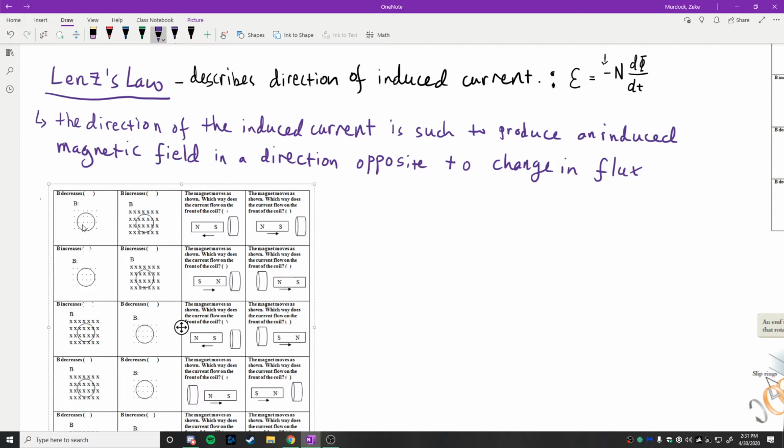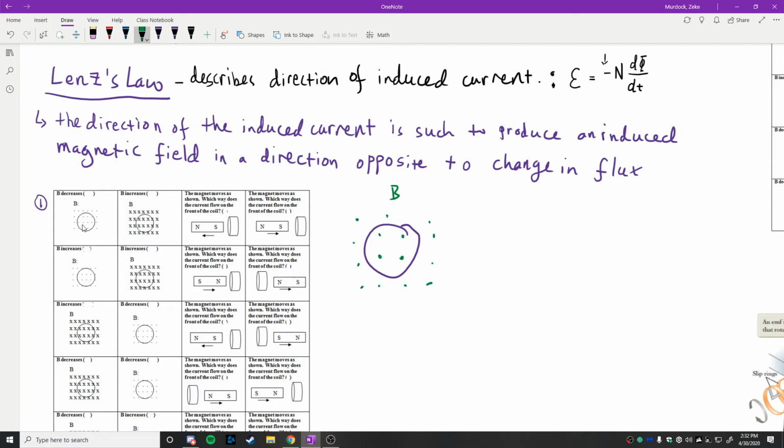The first picture, let's call this one number 1. You have a ring, okay? And in that region, you have a magnetic field that comes out of the page. So that's B. And it says B decreases. The magnetic field decreases.